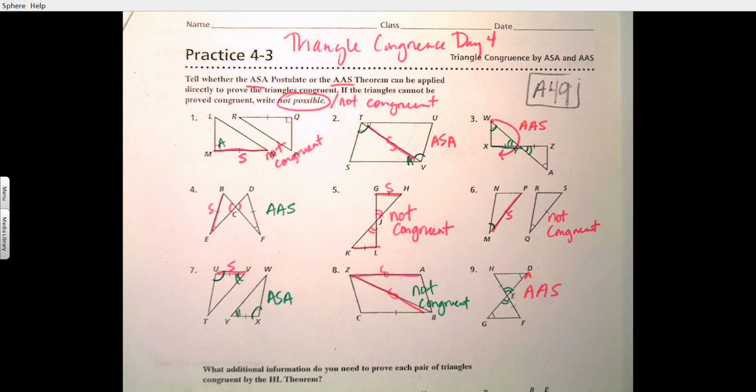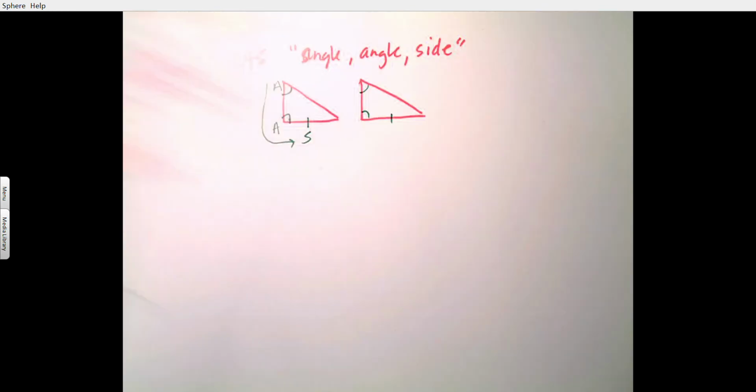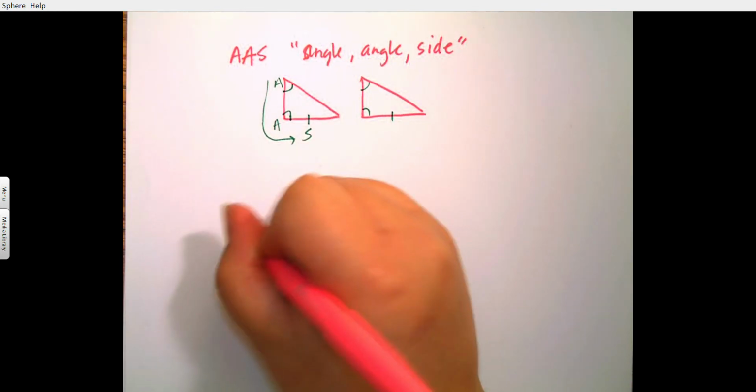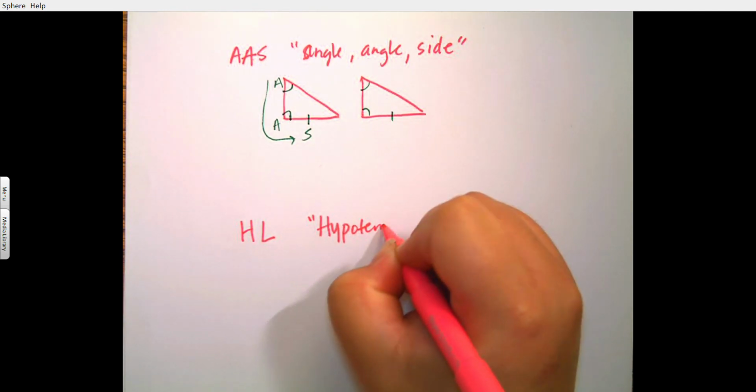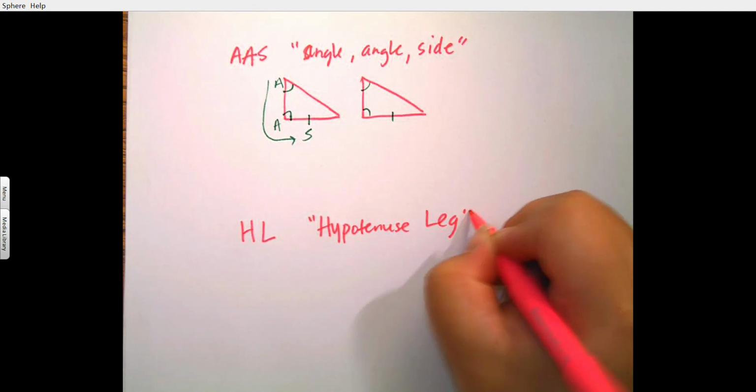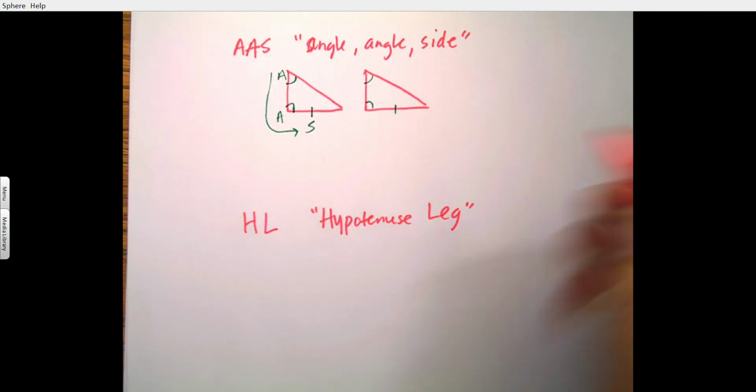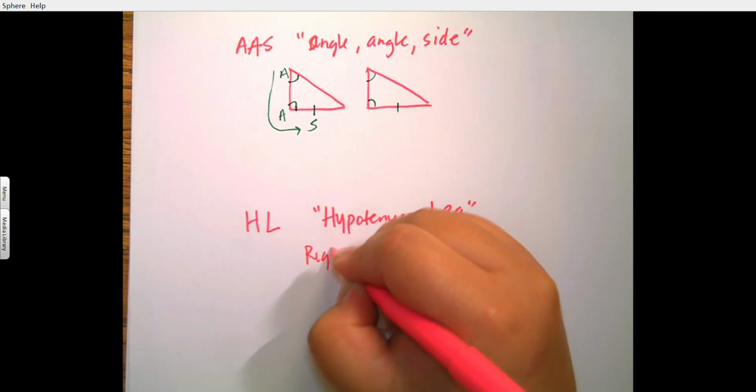Okay. The last one we need to go over is this one down here called hypotenuse leg. So we say HL. Hypotenuse leg only happens when you have a right triangle.